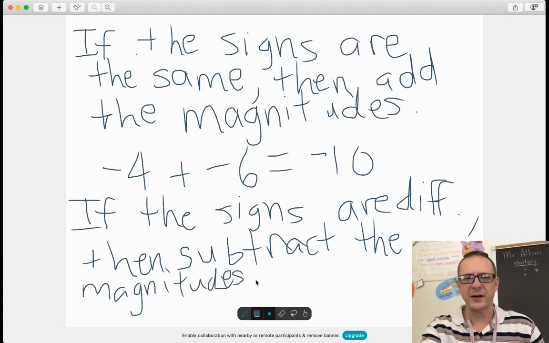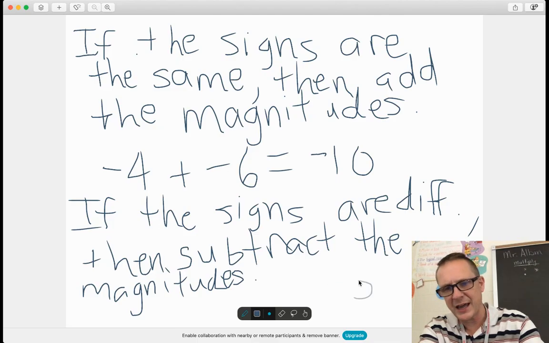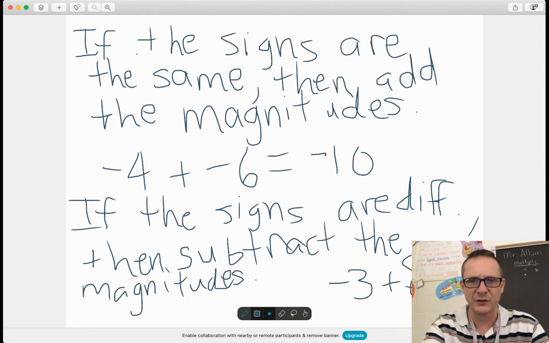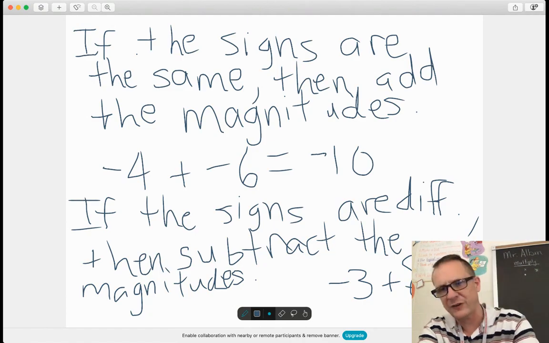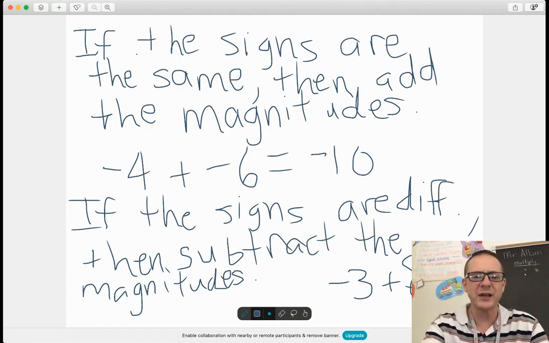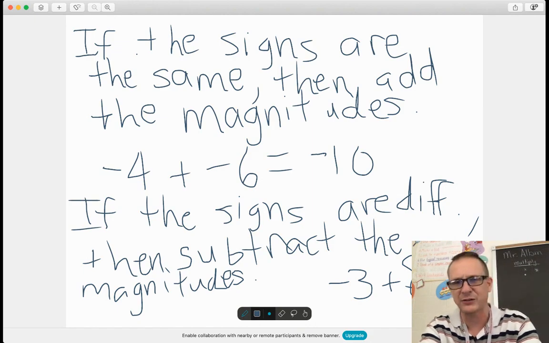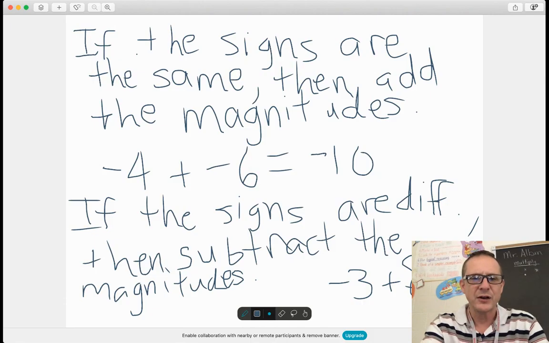So for example, if we take -3 plus 8, I see that one is negative and the other is positive. If the signs are different, we will subtract. 8 minus 3 is 5. And we will keep the sign of the larger number in magnitude. So that is +5. So the last rule is keep the sign of the number that is larger in magnitude.